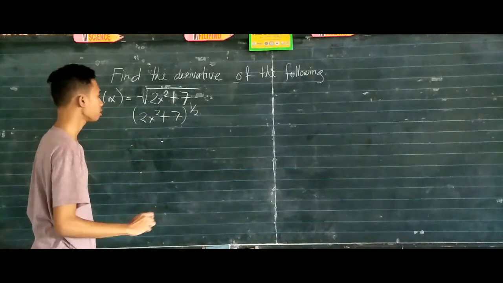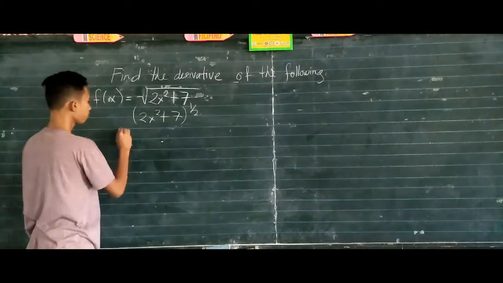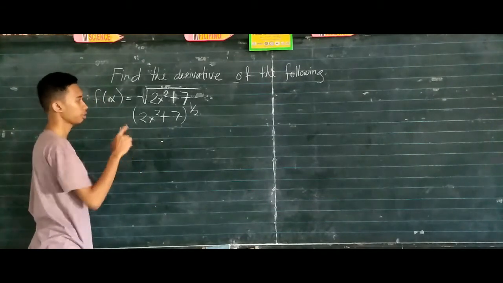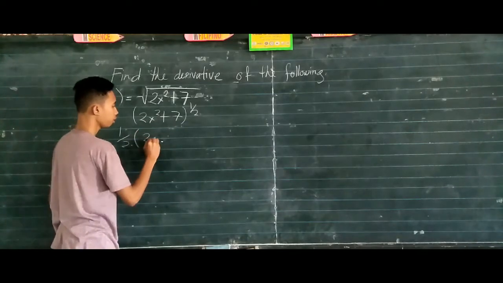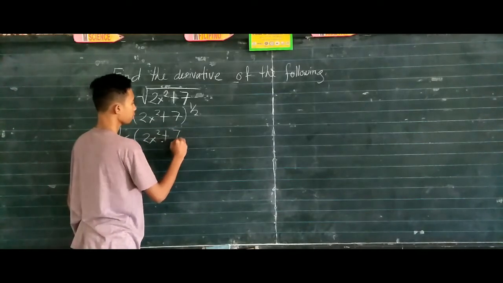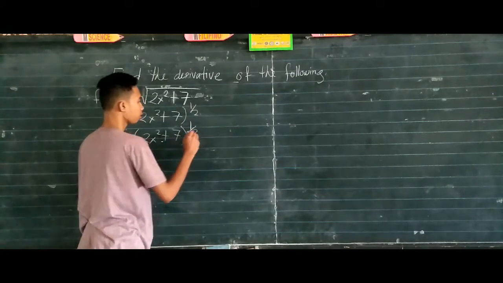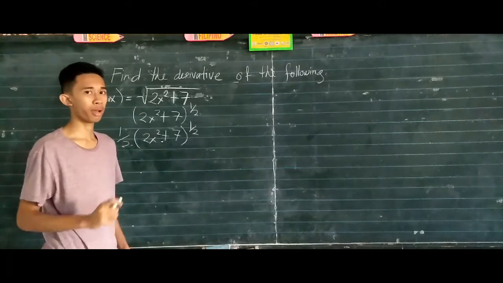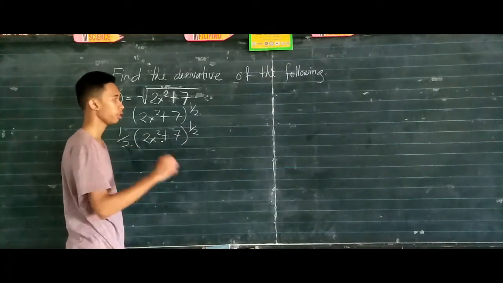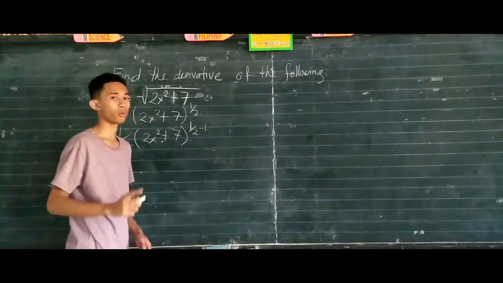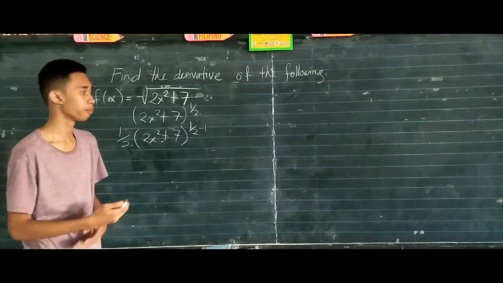Then the next step is we have to transpose the 1/2 into the equation and bring down the equation, 2x squared plus 7, then bring down the 1/2. For the exponent, we have to subtract 1, so 1/2 minus 1, because that is the rule of the derivative.